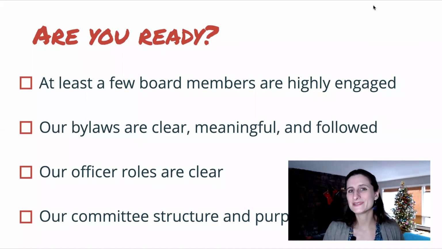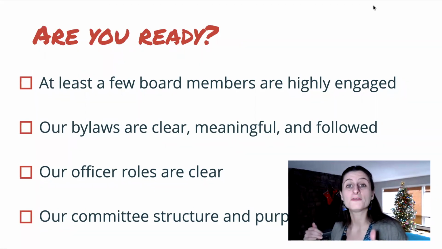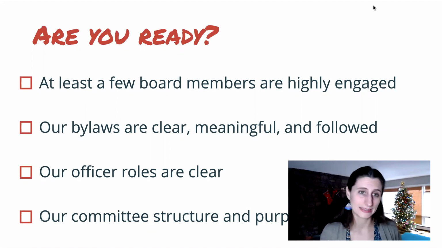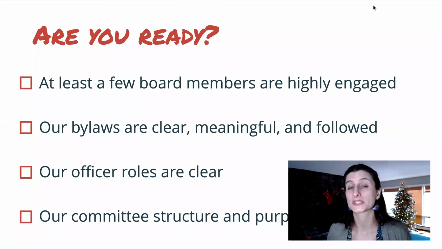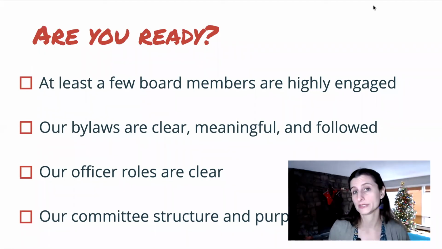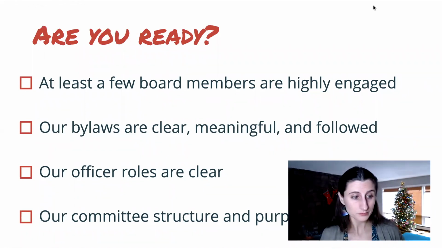So what do you need to be ready to grow your board? Here are four basic things. You need at least a few board members who are highly engaged. You might have a bunch who are disengaged, and that's why you're growing, and that's fine. But if you don't have any engaged board members, then you have to take some steps to get at least a few people engaged before bringing on new people will be successful.